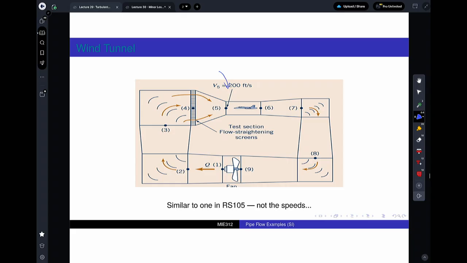And you have flow that goes left to right at the top, recirculates, hits a fan, goes through, and you'll notice that there are 1, 2, 3, 4, 5, 6, 7, 8, 9 sections there into which you have a flow.